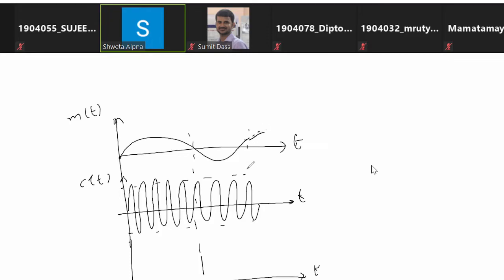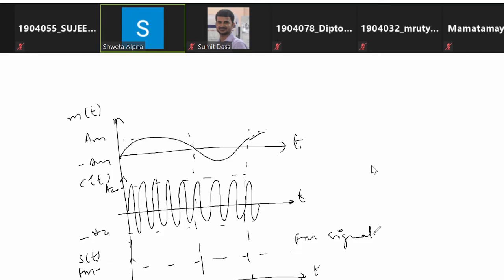As the definition says, the frequency of the carrier signal will be changing with respect to the amplitudes of the message signal. Suppose the peak amplitude of message signal is AM here, and peak amplitude of carrier signal is AC. And now we are going to draw the third waveform, which is our FM signal waveform.